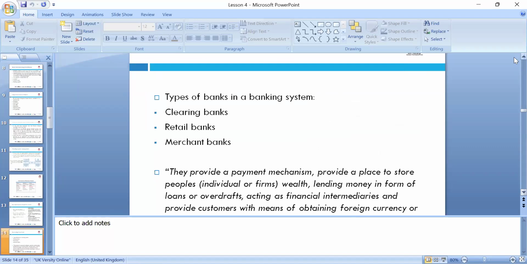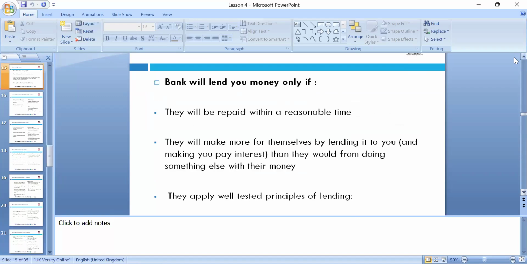As for the types of banks in the banking system, clearing banks, retail banks, and merchant banks offer the payment mechanism. If you're dealing with foreign currency, you have to think about hedging, which is protection against foreign currency fluctuation.